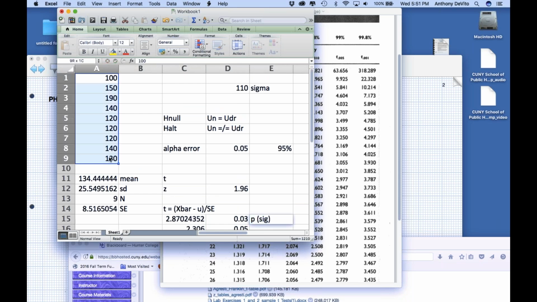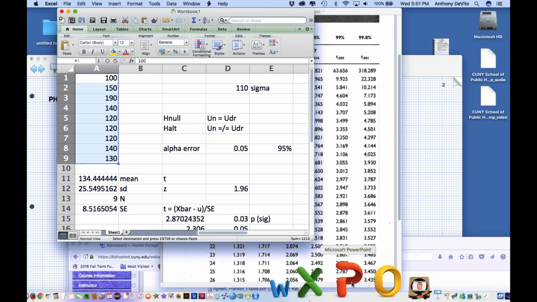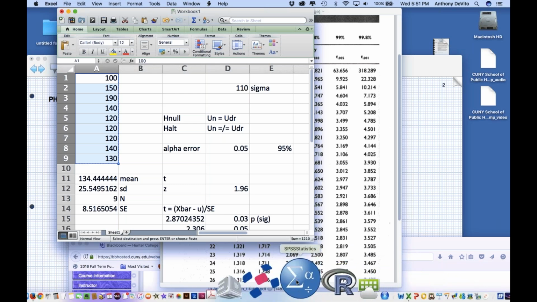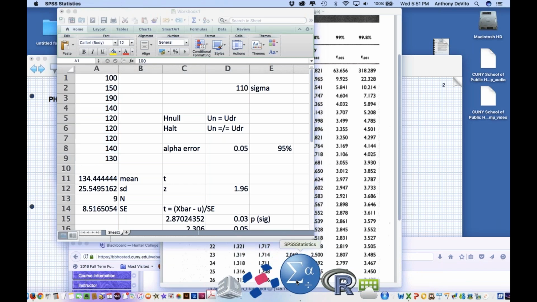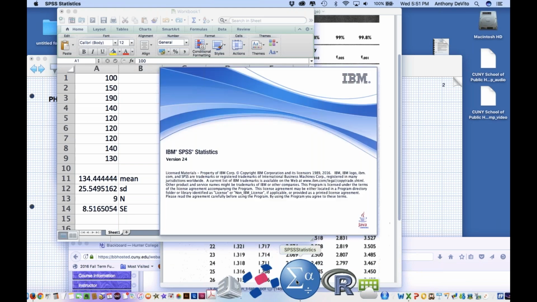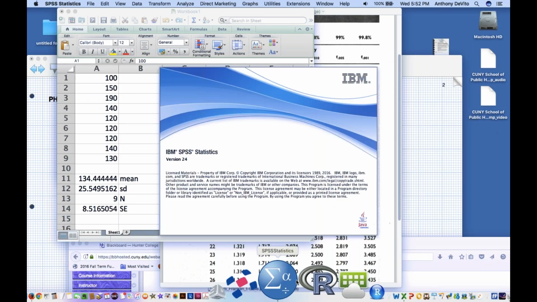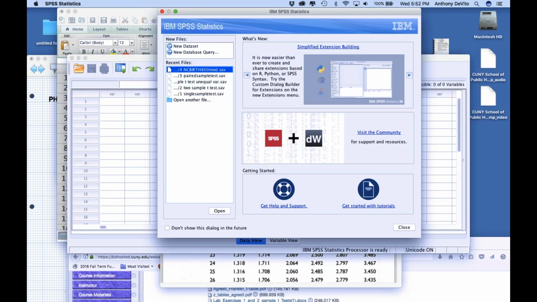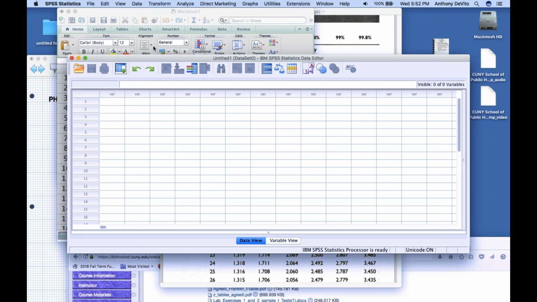I'll do that very, very quickly. I'm going to open up SPSS. In fact, now that we've done this, you might be able to skip that first part of the video on the single sample t-test and watch it in more detail later, and just skip right to one of the two sample t-tests, where you actually take two samples, not comparing it to a known value.